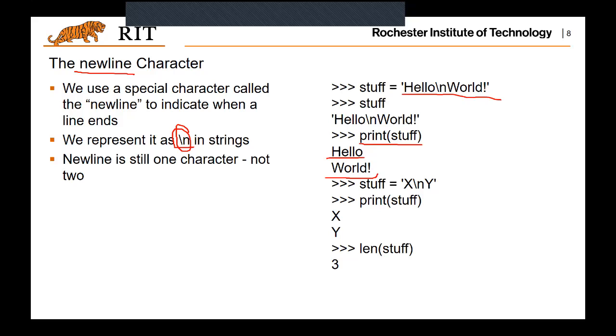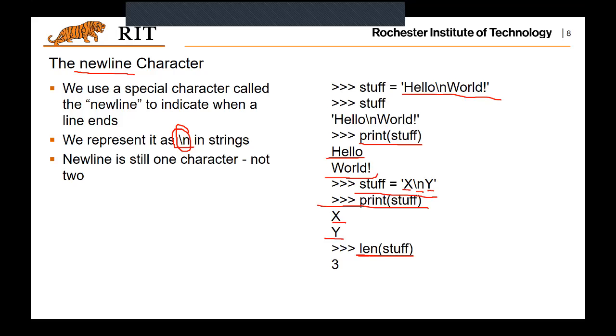And also, you can use it to separate the strings into different lines. It will also take up memory. For example, if you measure this string, which consists of x, \n and y, if you print it out, it will be x, a new line, y.